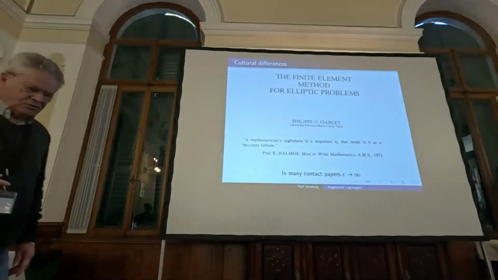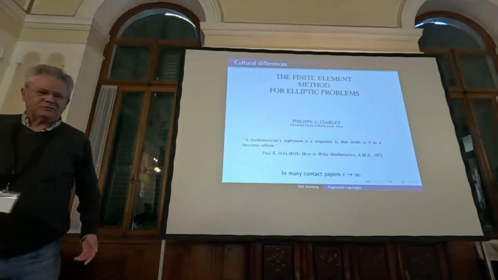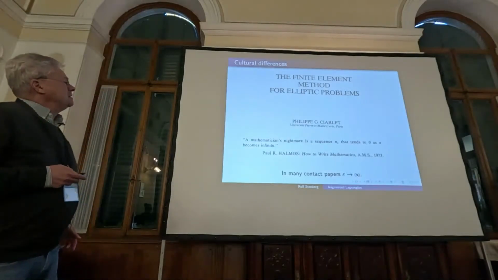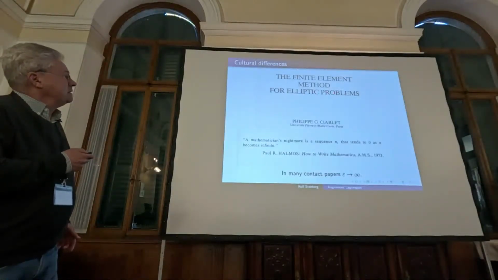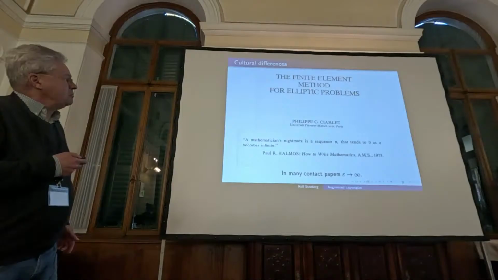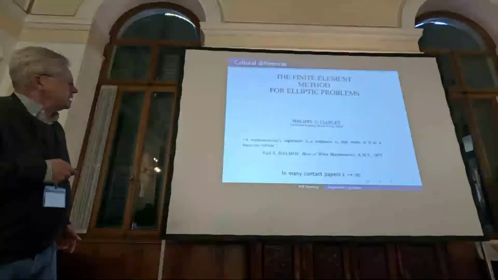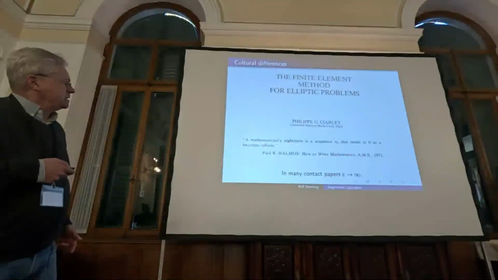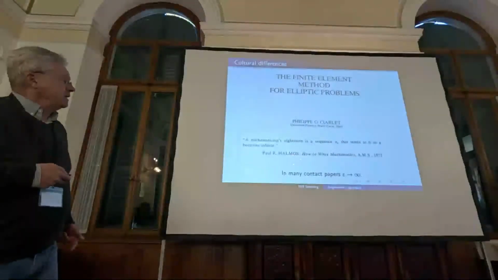And then, I'm from a mathematical background, so there is really a kind of cultural difference. So here again the classic, and if you open the book, on page 2, there is a quotation by Helmsauer: a mathematician's nightmare is a sequence n sub epsilon tends to 0 as epsilon becomes infinite.